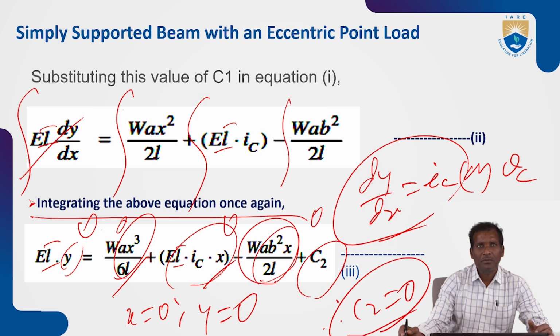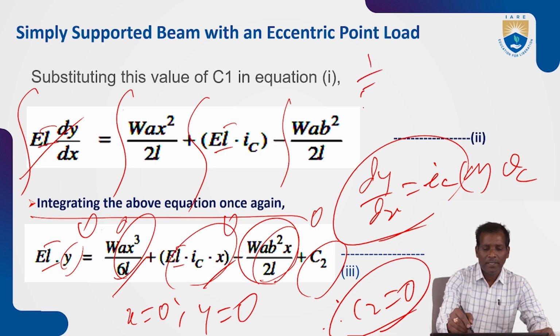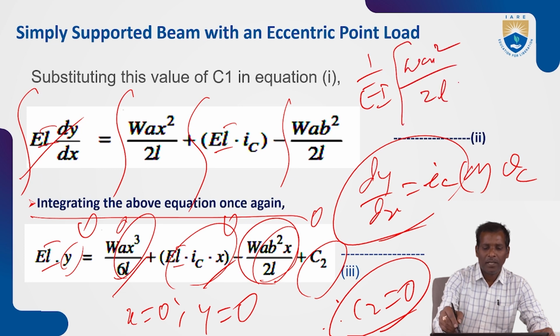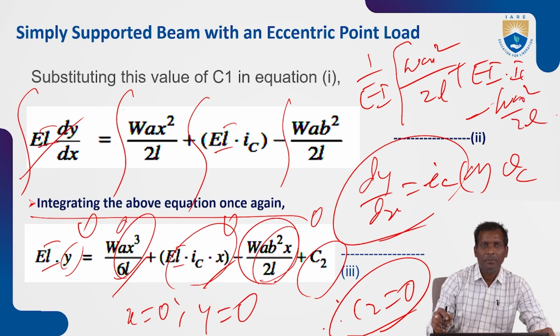It is equal to 1 by EI times WAX square by 2L plus EI into theta C, minus WA B square by 2L. That is dy by dx.